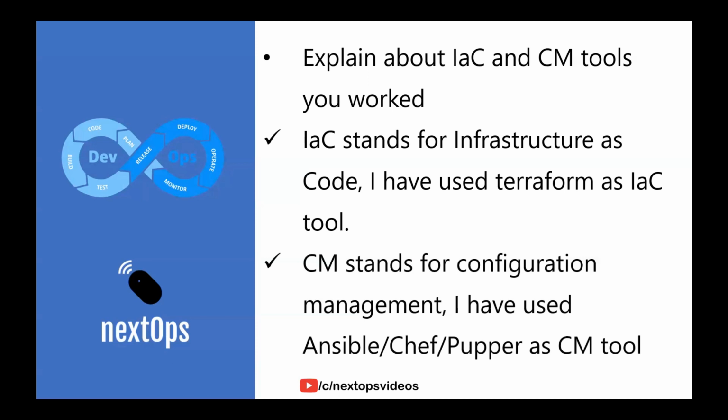Once the VM is deployed through Terraform, and once it has entered into a running state, then you connect to the machine and execute automation scripts to configure that machine according to the business requirements. Let's say that the VM you have deployed through Terraform has to be turned into a web server.